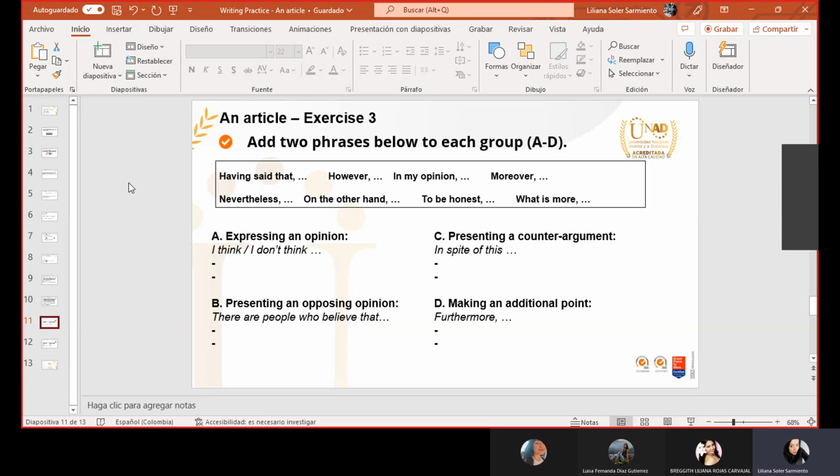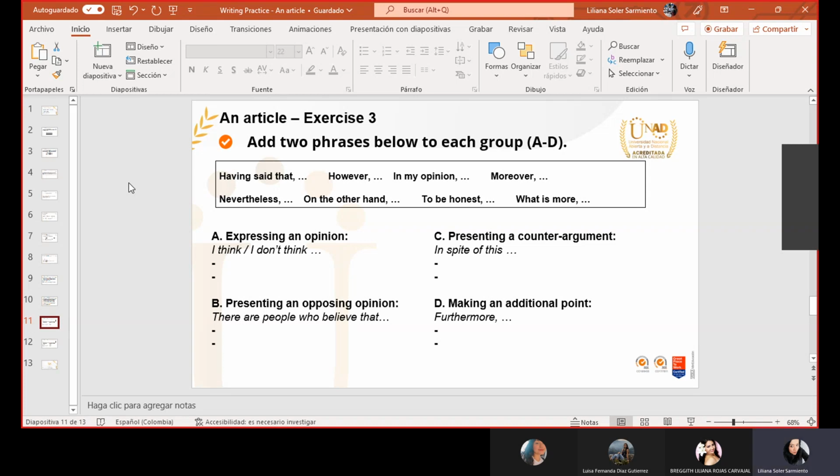And group C, presenting a counter argument. In spite of, however, or moreover? Yes, however, in this case the correct phrase is however. Another phrase could be nevertheless.